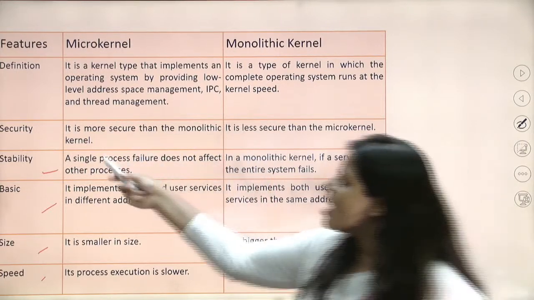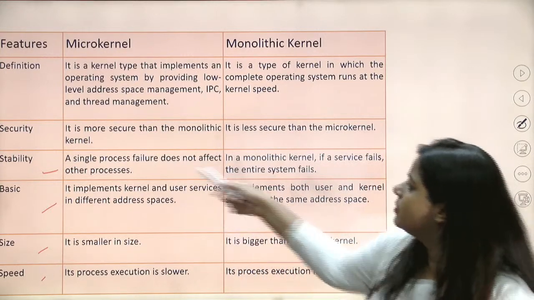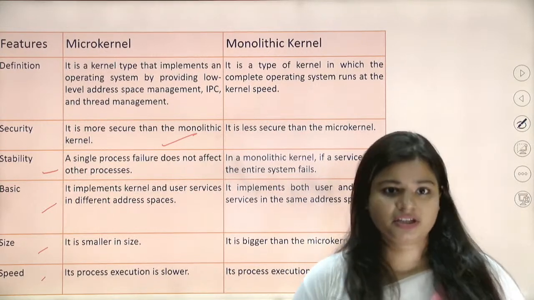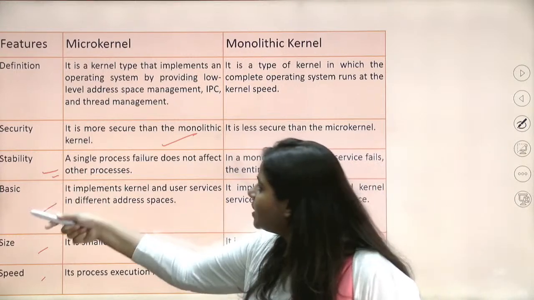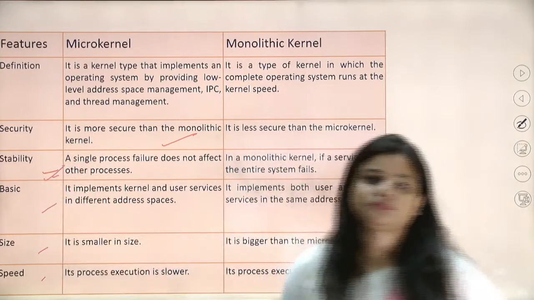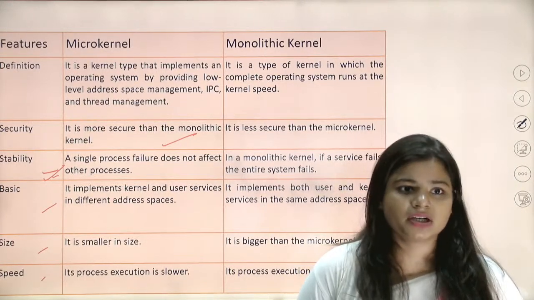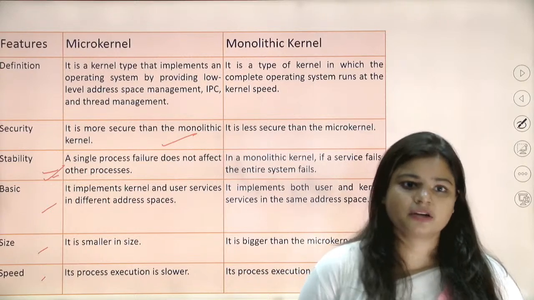The next parameter is security. A microkernel is more secure than a monolithic kernel, and a monolithic kernel is less secure than a microkernel. The next feature is stability. In a microkernel, a single process failure does not affect other processes.